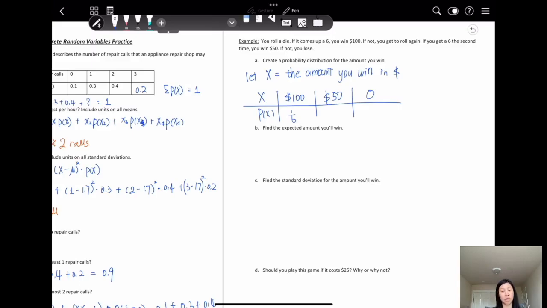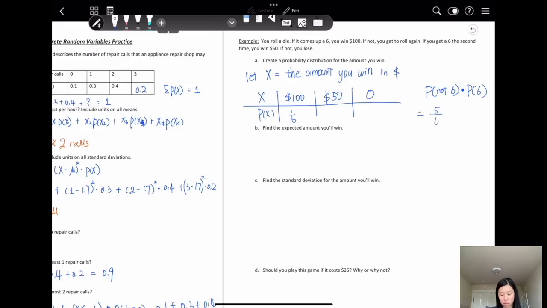So now the second one is what's the scenario that you will win $50? Is you roll a die, you didn't get 6 the first time, but you roll it again, you got 6. So that means the first time when you roll the die, you can get 1, 2, 3, 4, 5, but not 6. And then multiply the probability that you roll a die and got 6. So what's the probability that you didn't get 6?